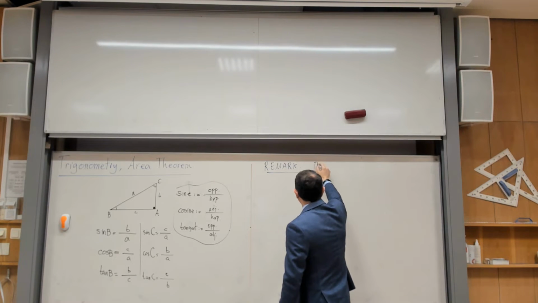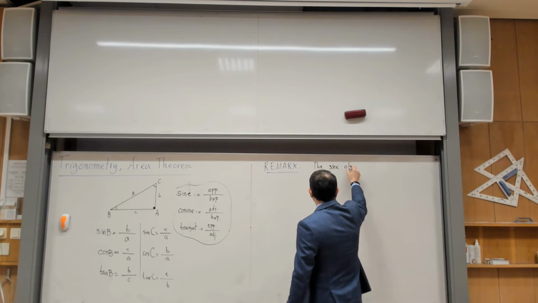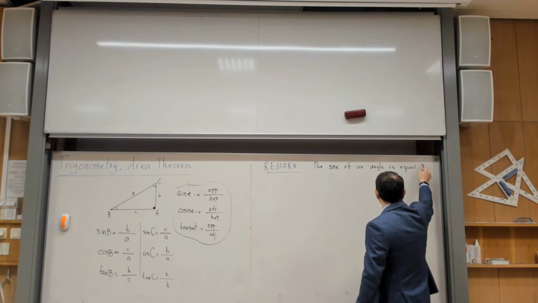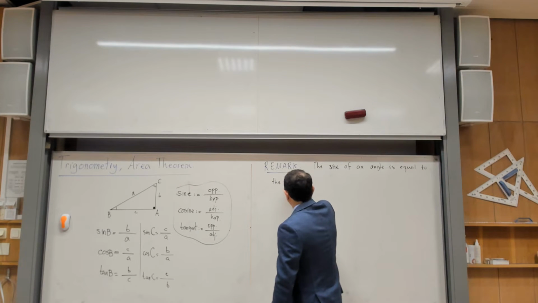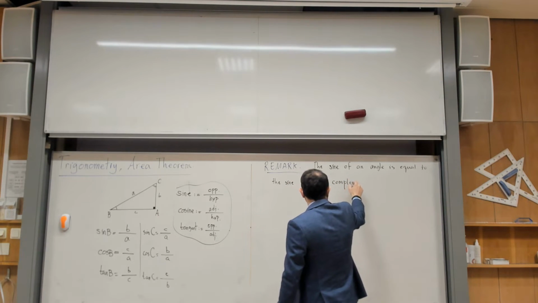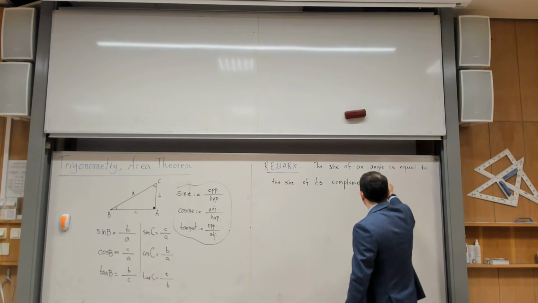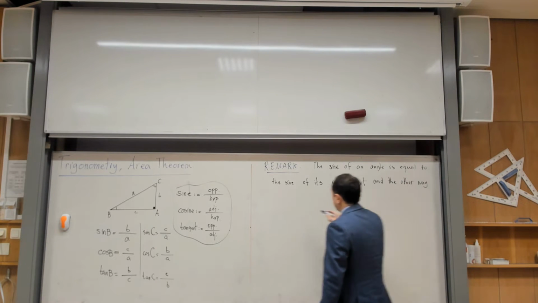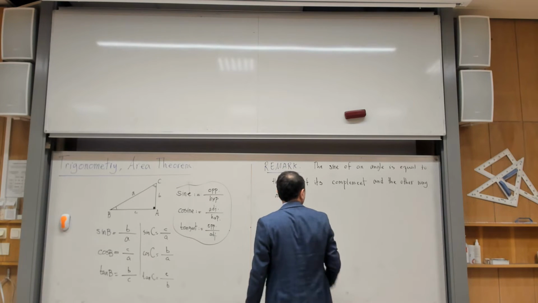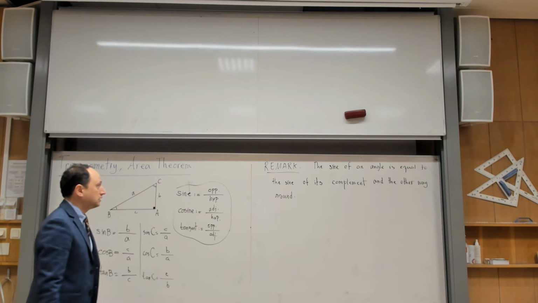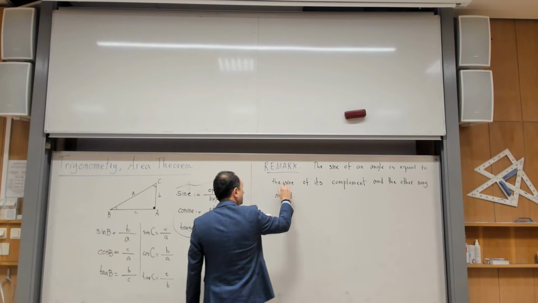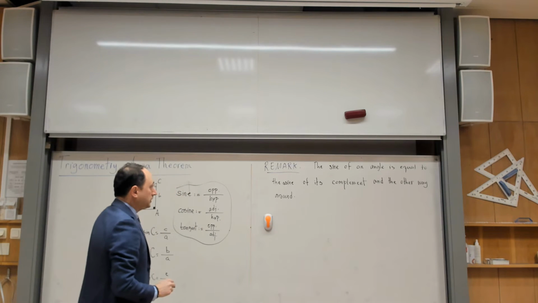So the sine of an angle is equal to the cosine of its complement, and the other way around.